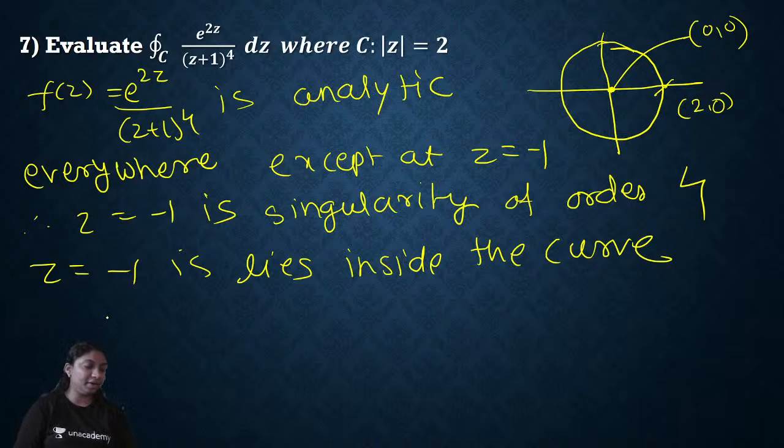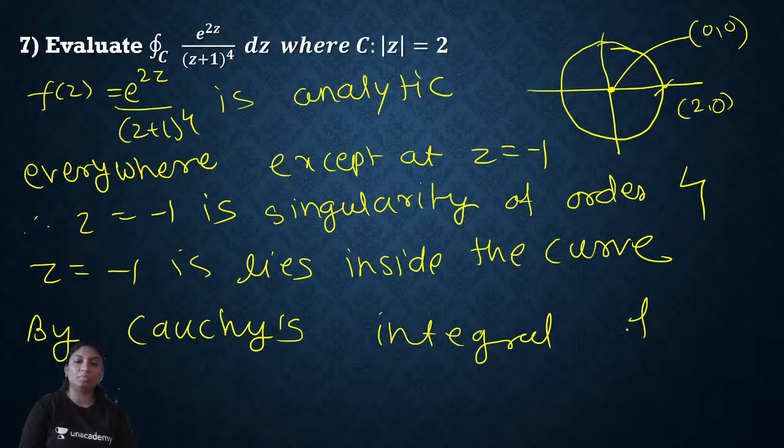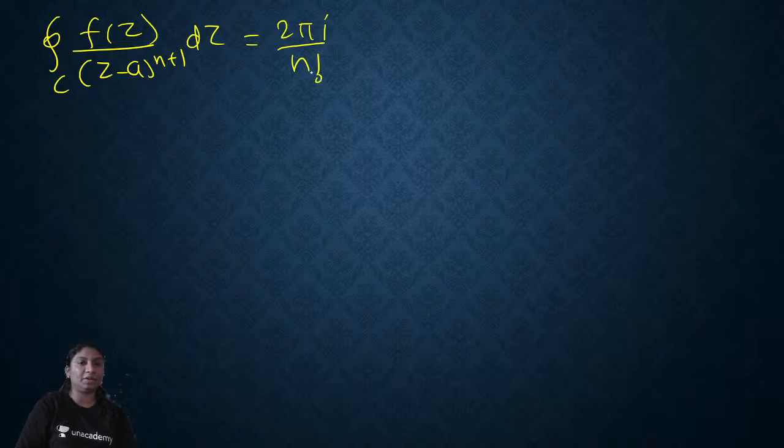So you will get here, by Cauchy's integral formula, the integral over C of f of z upon (z minus a) raised to n plus 1 dz is equal to 2 pi I upon n factorial into f raised to n at a.